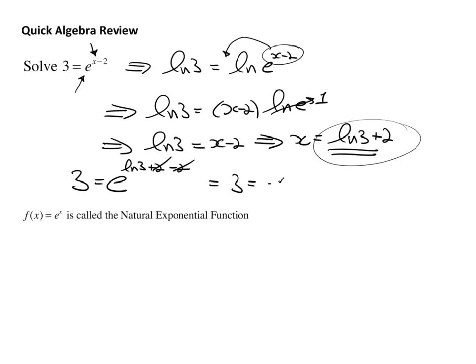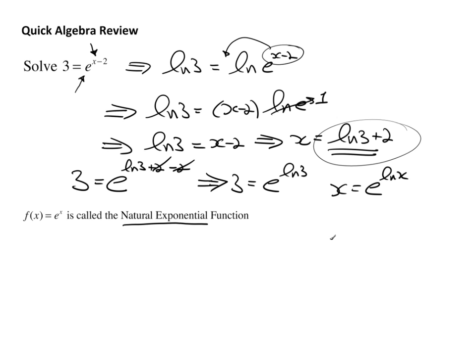So 3 is equal to e to ln 3, which is a true implication. e to ln 3 is in fact 3. As a matter of fact, x is equal to e to the ln x. That's the true statement.